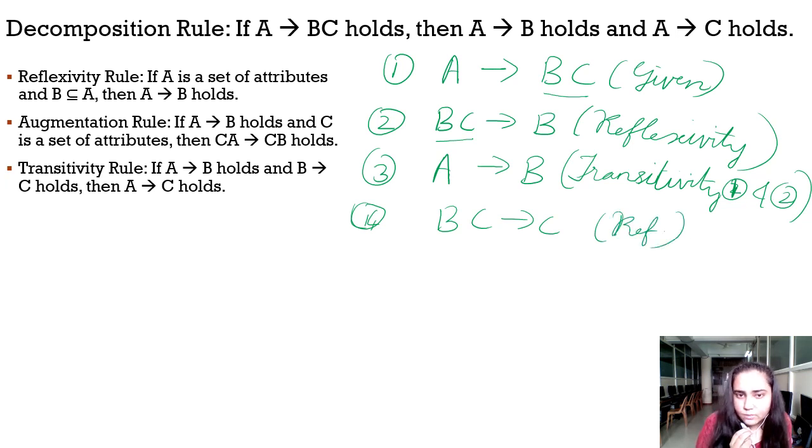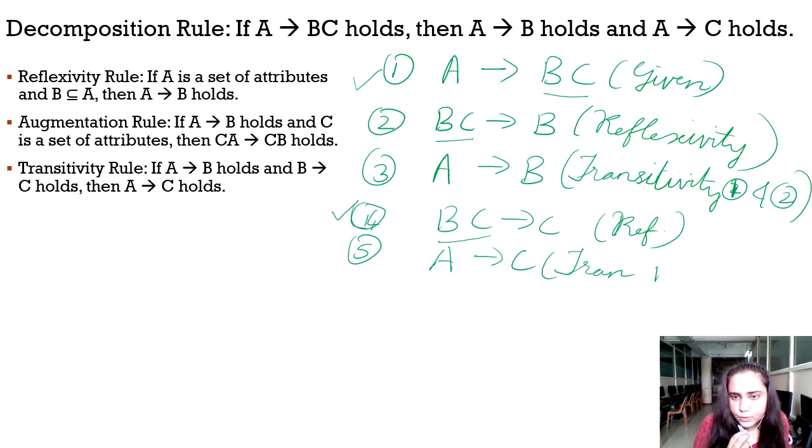I'm not writing it completely. And now using transitivity, you will take 1 and 4. If you take transitivity, then this BC is common with this BC, and so you can get A determines C. So this is my transitivity rule between steps 1 and 5.